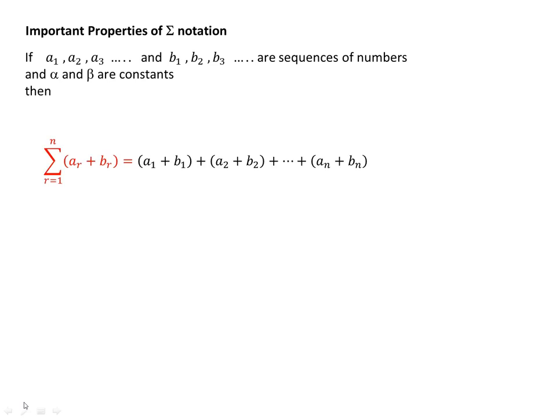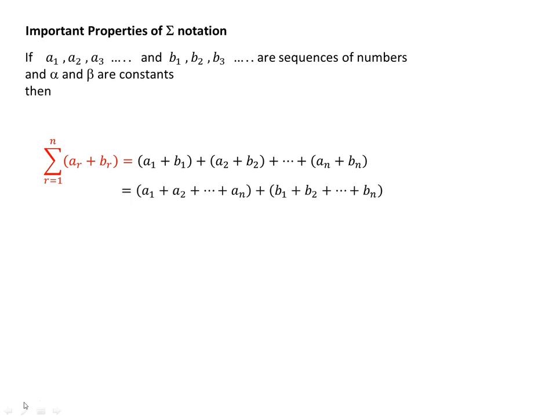Then, first of all, if we've got the sum between r equals 1 and n of AR plus BR, well, that is my shorthand for A1 plus B1 added to A2 plus B2, added up all the way along until we come to AN plus BN. Now, thinking about addition, we could obviously just add all the A's up together and then add all of the B's up together.